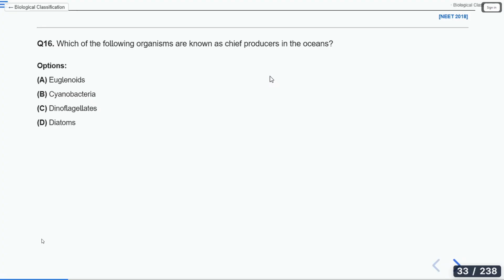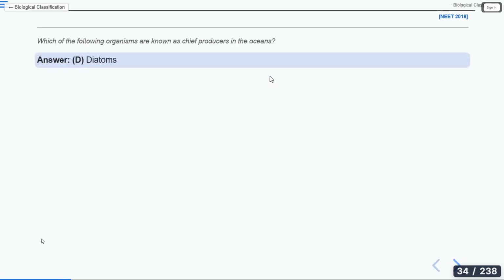So diatoms are the chief producers in ocean. Let's see whether it is correct. If you get an option like this and you're confused, you have to remember that dinoflagellates grow very slowly when compared to diatoms, and they are less abundant. So diatoms are the chief producers of ocean.